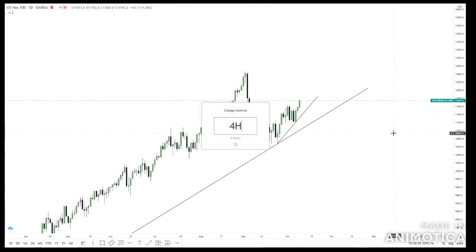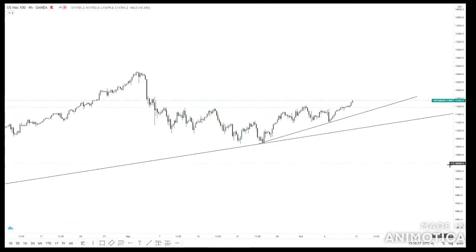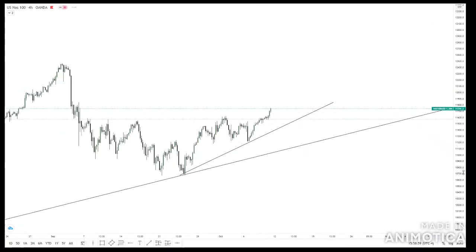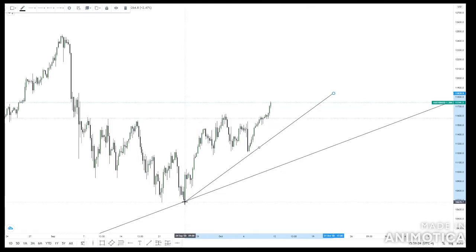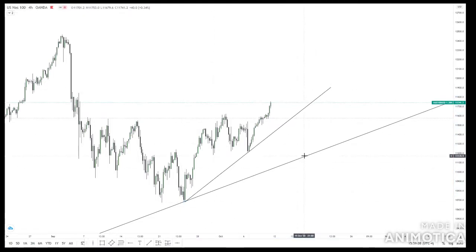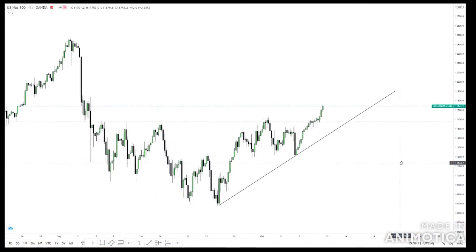Nevertheless, let's get down to the 4-hour time frame. Let's just adjust this trend line right there. I'm just going to remove this outer trend line, I don't need that.